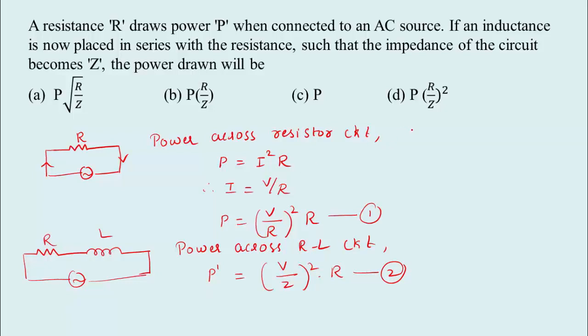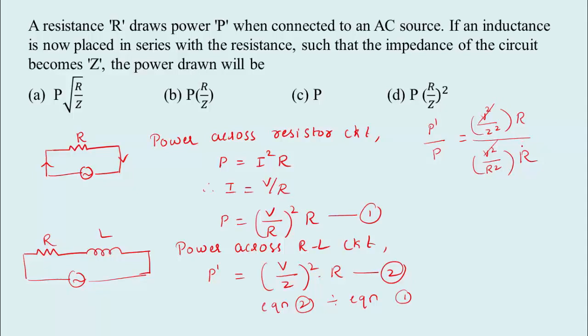So let us divide equation 2 by equation 1. That is P dash divided by P equal to V square divided by Z square into R, whole divided by V square divided by R square into R. Here V square will get cancelled, R will get cancelled.